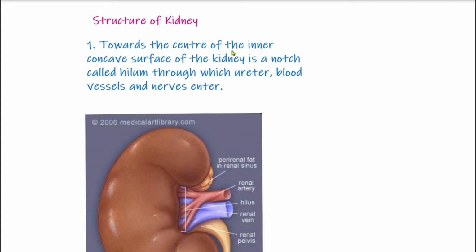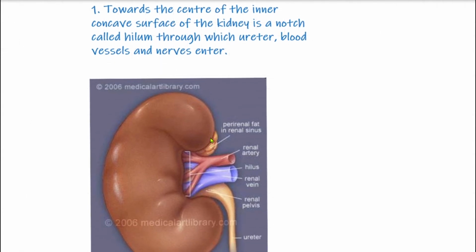Near the center of the inner concave surface, there is a notch. Notch means depression. This depression is called the hilum. Through this hilum, the ureter, renal artery, renal vein, which are blood vessels, as well as nerves, all enter into the kidney.